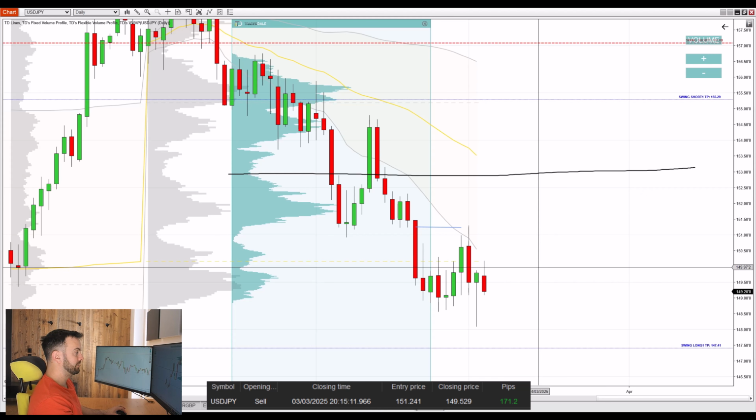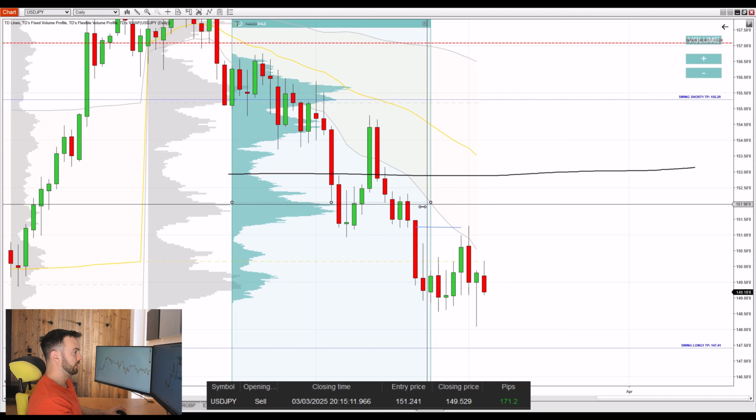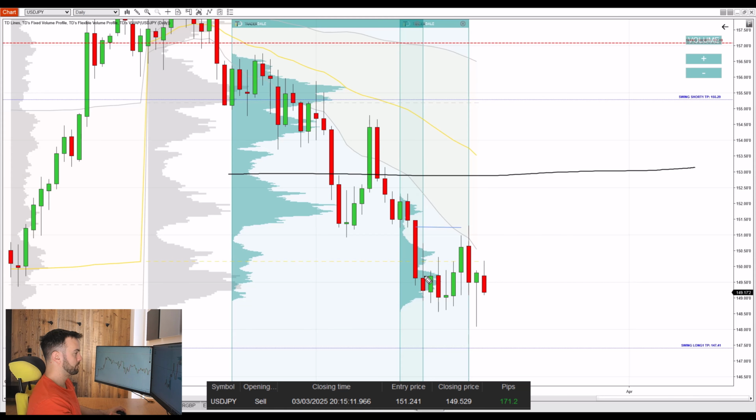Take profit, on the other hand, should be in a heavy volume zone. So let me use another volume profile here and show you there was this heavy volume zone. I went short from here and took the profit in this heavy volume zone, right?